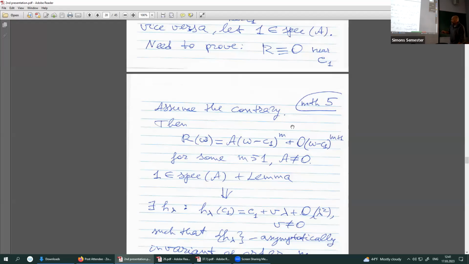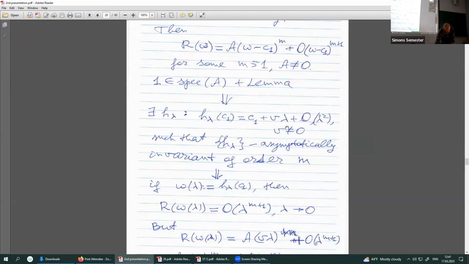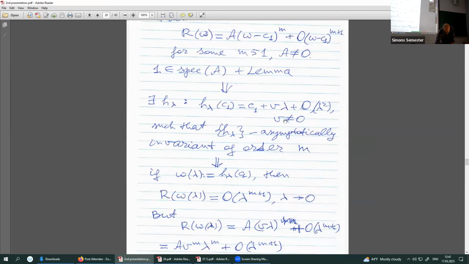But we know, because we assume 1 is in the spectrum, together with the lemma, it implies that there are holomorphic motions of arbitrary asymptotically invariant order, okay? So now take a holomorphic motion asymptotically invariant of order M, where M is this M, okay? We already have some finite M. So we know that there exists an asymptotic one of order M, okay? Then just define this function, in this case, just mu is 1.